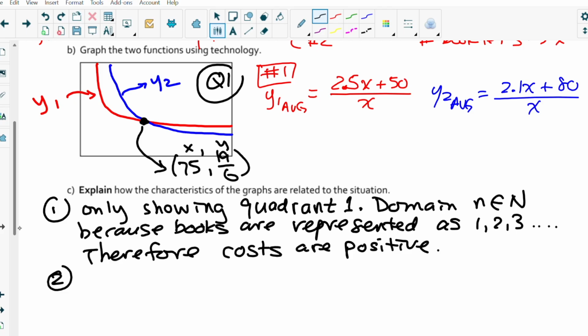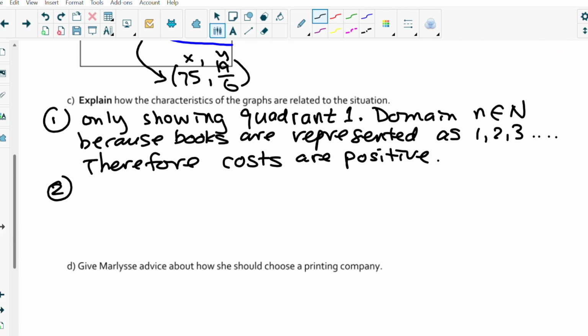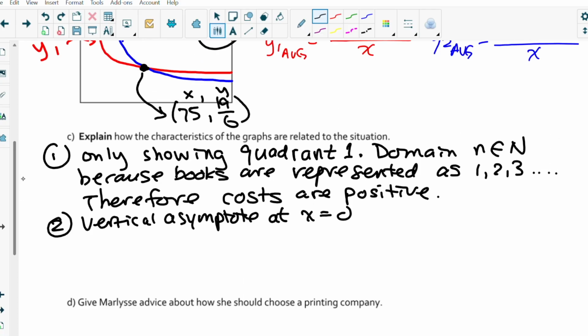Number 2, what other characteristics? Vertical asymptote at x equals 0.